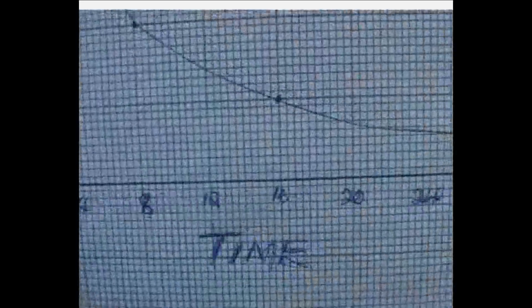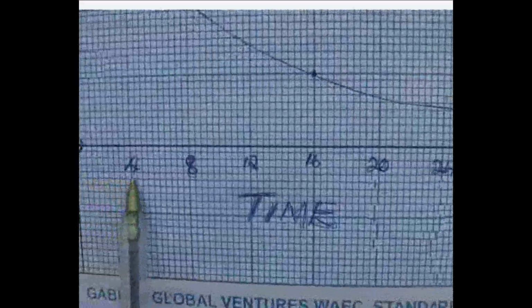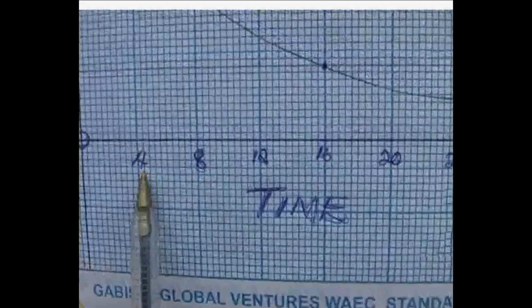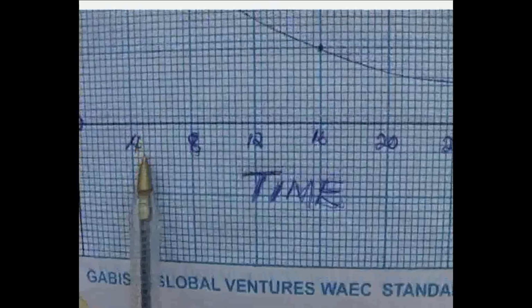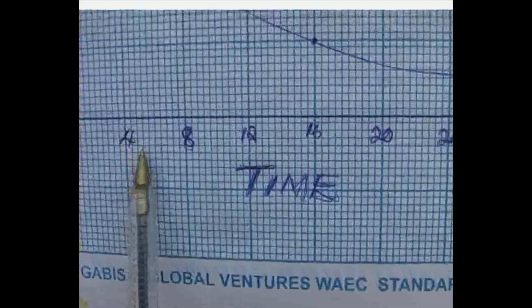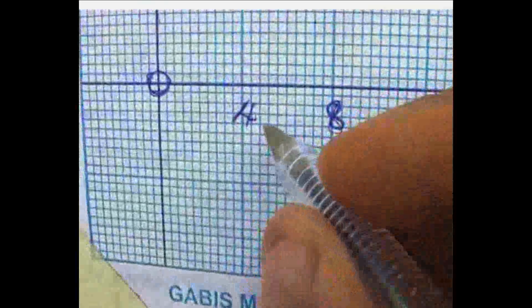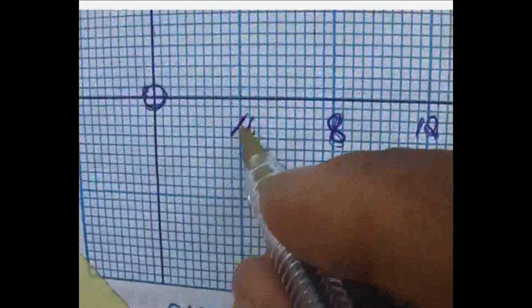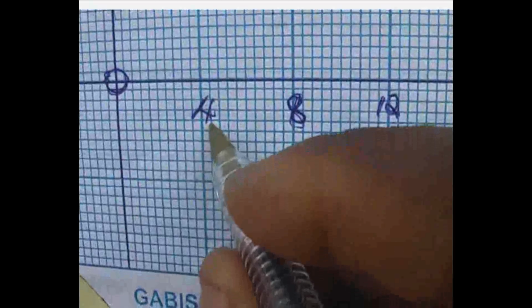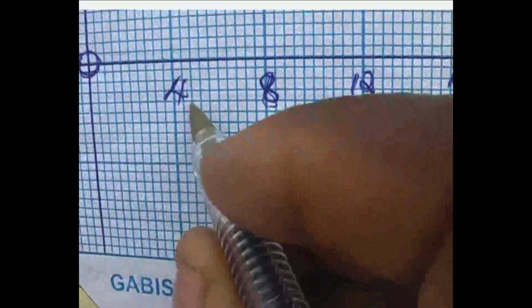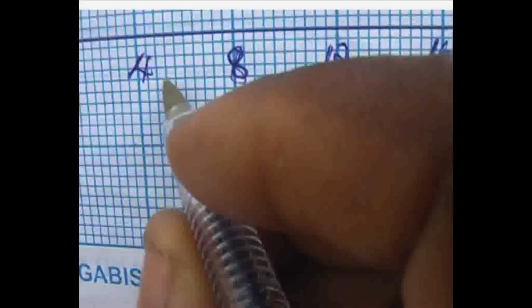So this is 4 hours, 4.4 hours, 4.8 hours, 5.2. That means 5 hours is at the middle. I said this is 4. This is going to be 4.4, 4.8, 5.2.